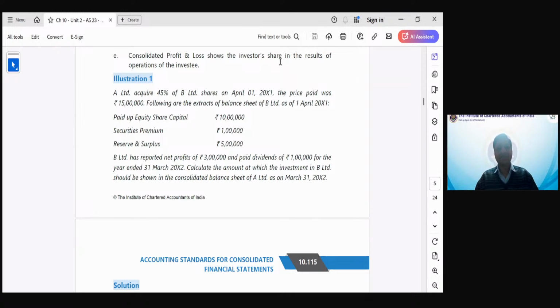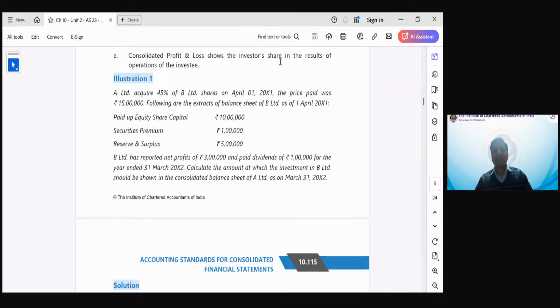Further, it says B Limited has reported net profits of rupees 3 lakh and also paid dividend of rupees 1 lakh for the year ended 31st March X2. Means at the beginning of the year, when this B Limited was acquired, the net assets are given.